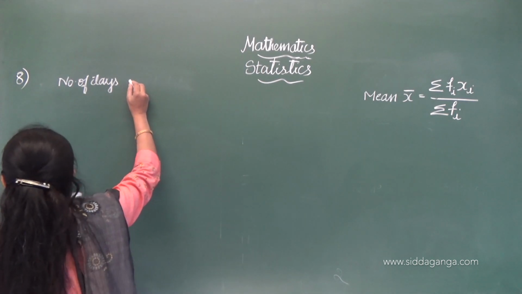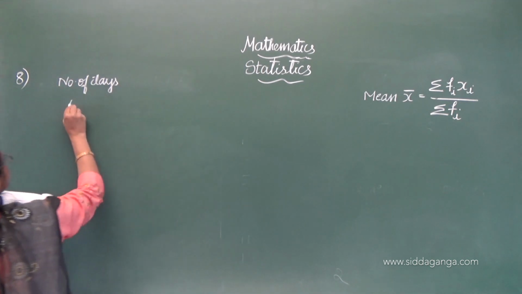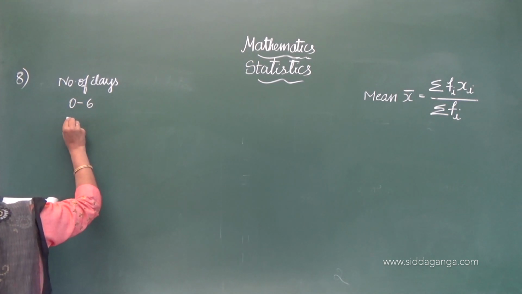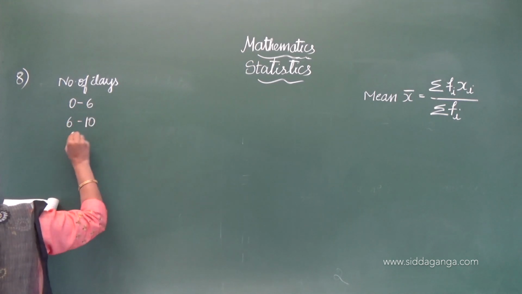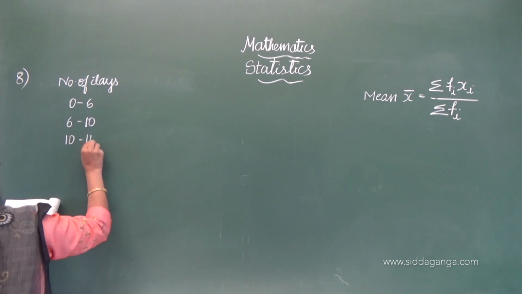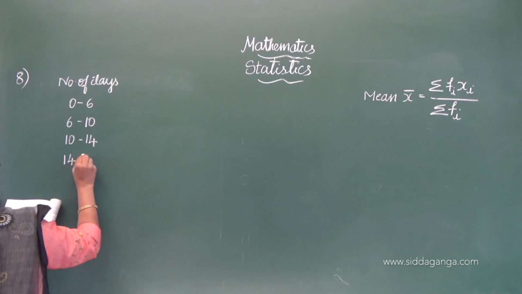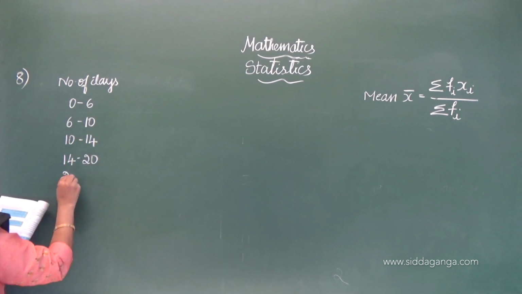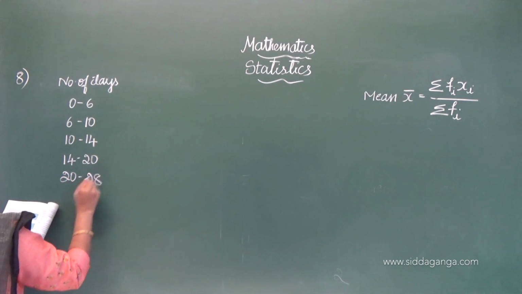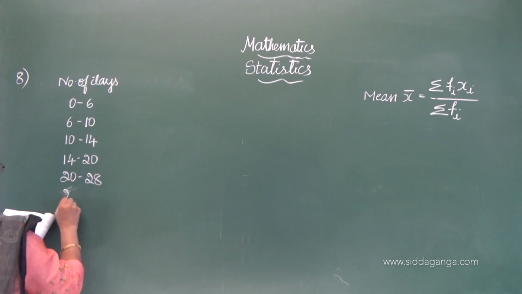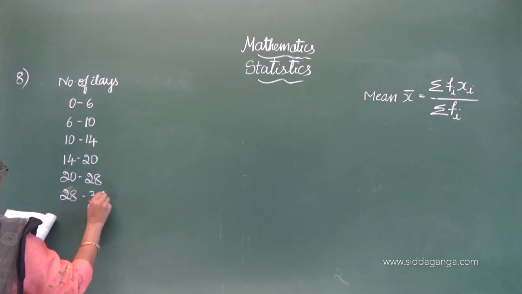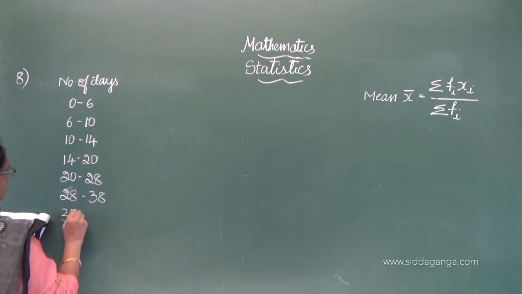Number of days: 0 to 6, 6 to 10, 10 to 14, 14 to 20, 20 to 28, 28 to 38, 38 to 40.